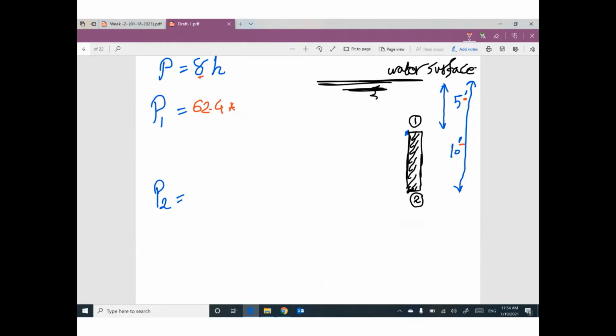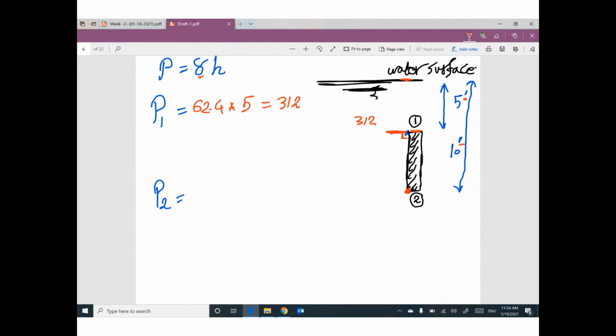Do you have a distance between this point and the water surface? Yes, we have 5. If you multiply 62.4 times 5, your pressure will be 312. So we have a value here, 312. This value is perpendicular to this surface.